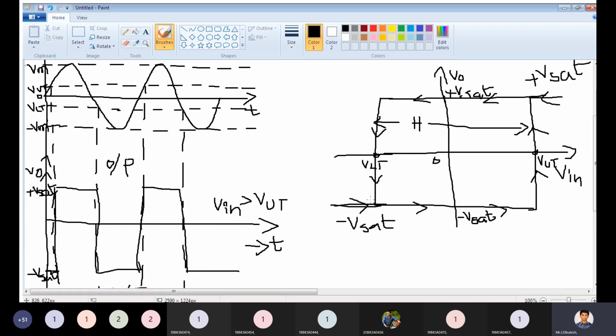After that, if Vin is less than VLT, then the output starts from minus VSAT to positive VSAT, again moving in this direction. So this is the hysteresis graph.